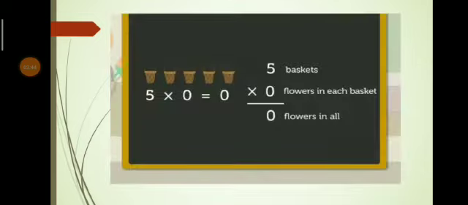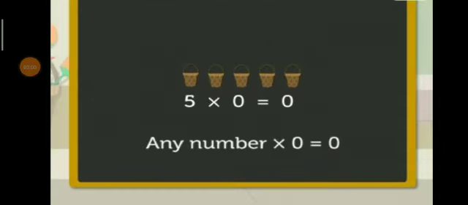Here, there are 5 baskets, but there are no flowers in each. That is, there are 0 flowers in each. So, 5 into 0 is equal to 0. Thus, when we multiply any number with 0, we always get the product as 0.